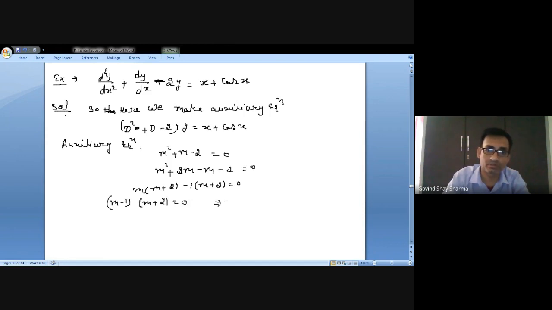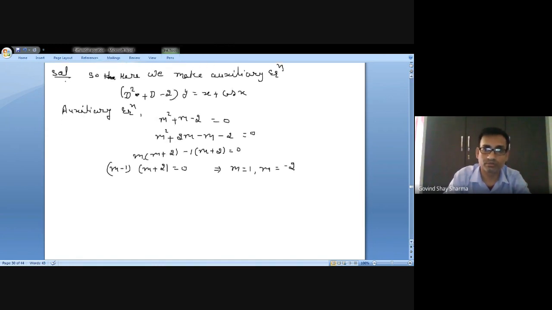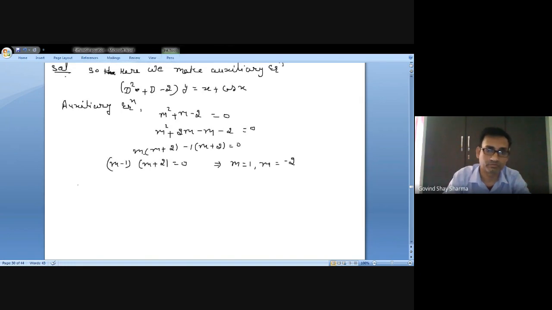The roots are m plus 2 and m minus 1 is equal to 0, which implies m is equal to 1 and m is equal to minus 2. These are the roots of the auxiliary equation and these are real and distinct. So the CF is equal to c1 e to the power x plus c2 e to the power minus 2x. This is the first case.